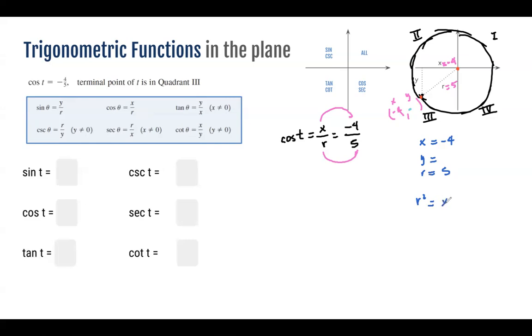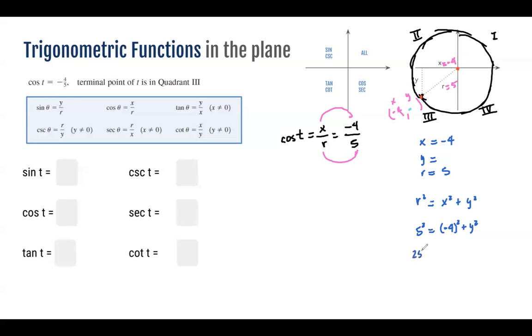So we're going to have x squared plus y squared. We're going to substitute what we know. We know that r is 5, so 5 squared is equal to the entire minus 4 squared, and y squared.